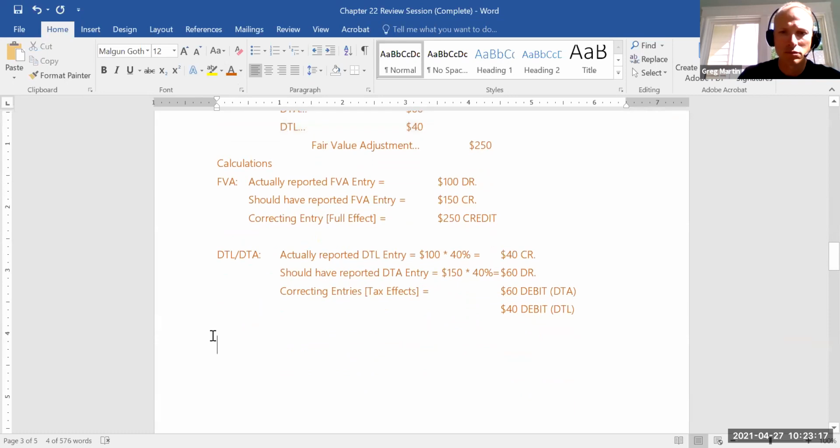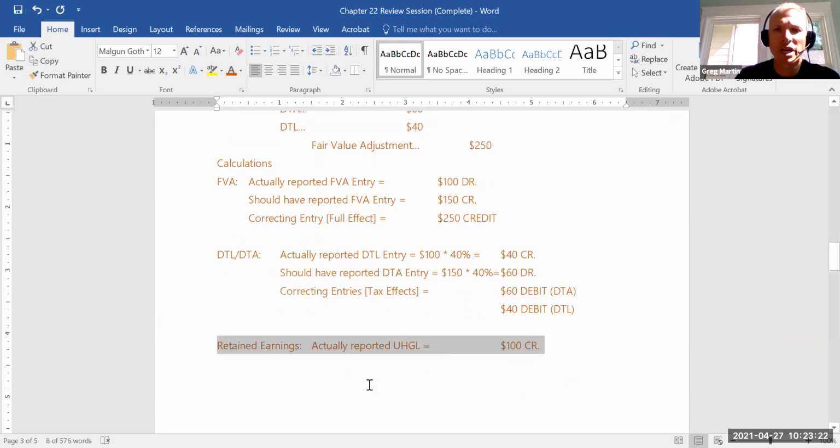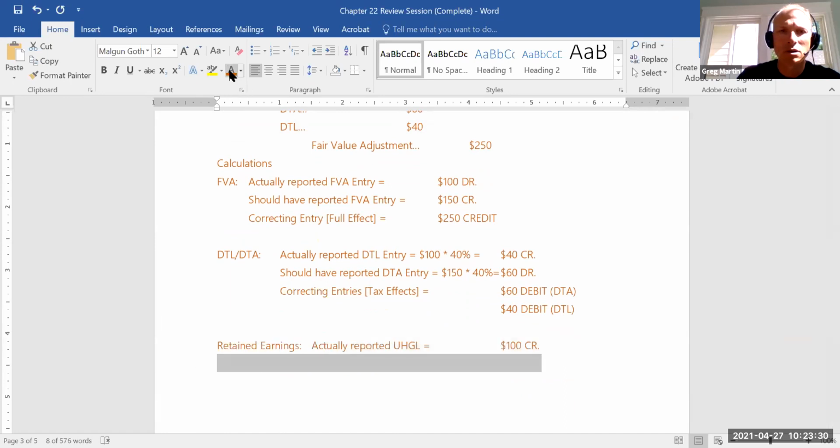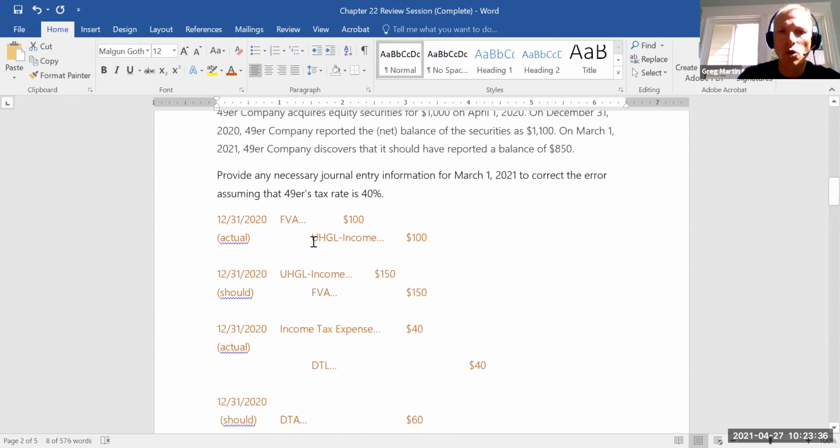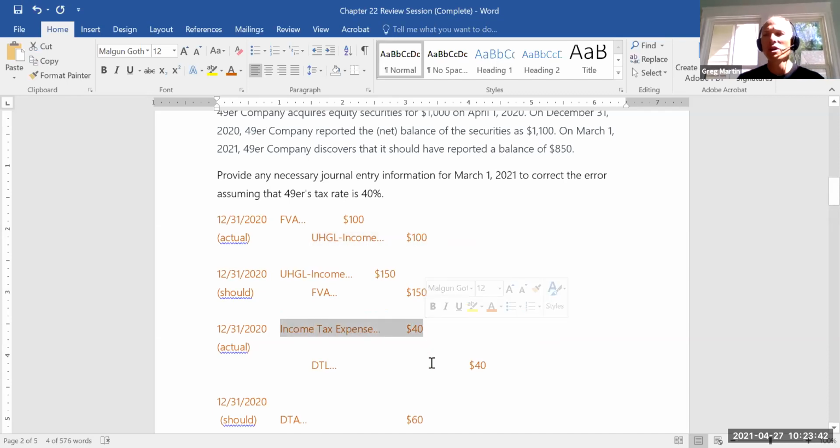Finally, with retained earnings, what did we actually report? We had an unrealized holding gain of $100. We also had an income tax of 40. In other words, both of these accounts, this unrealized holding gain of 100 and the effect on the income tax expense of 40, together would get closed to retained earnings.